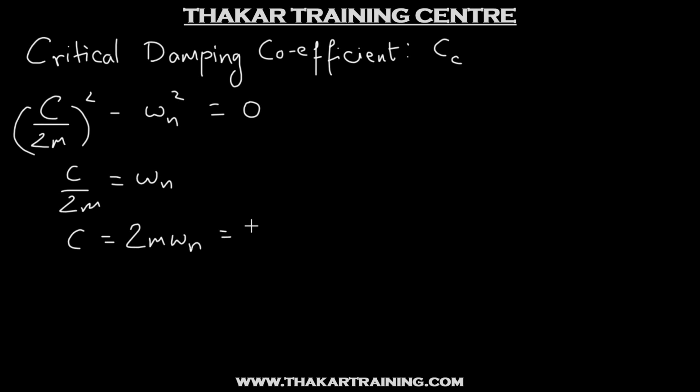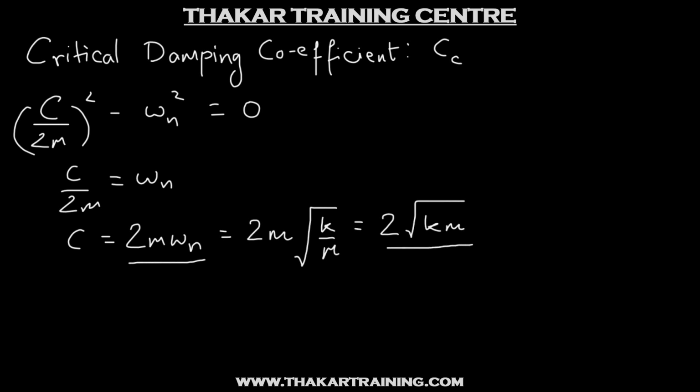If I substitute for omega n, which is root of k by m, and m goes inside the square root, this is twice under root km. Now this value, c equal to 2m omega n or twice root of km, is nothing but the value of critical damping coefficient.